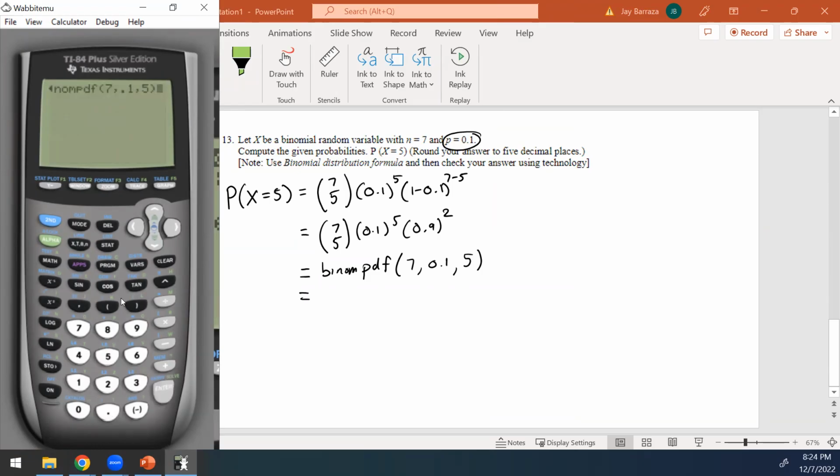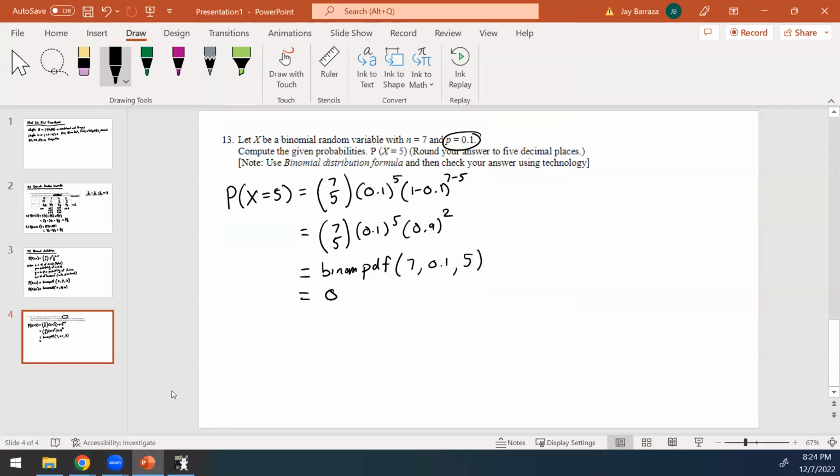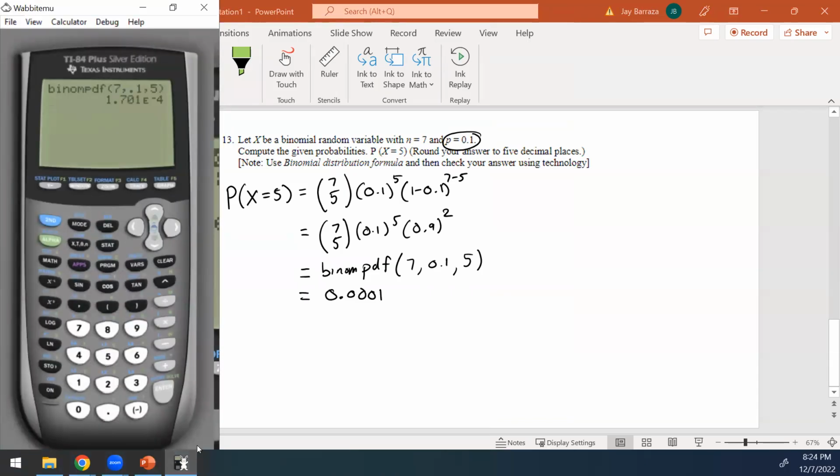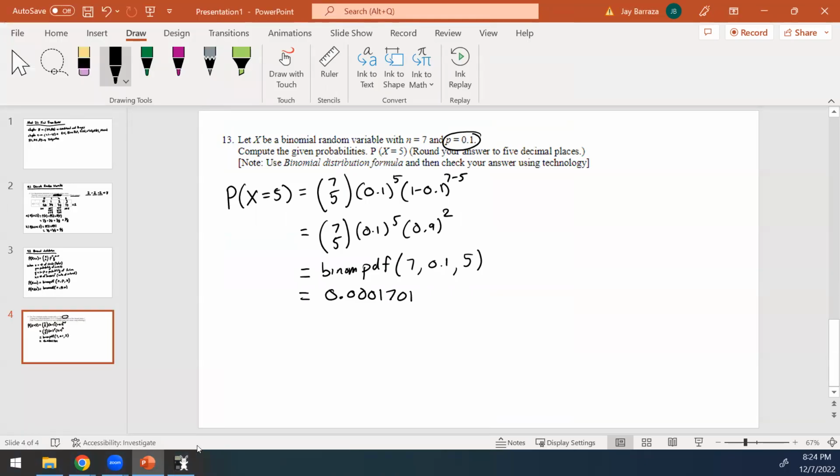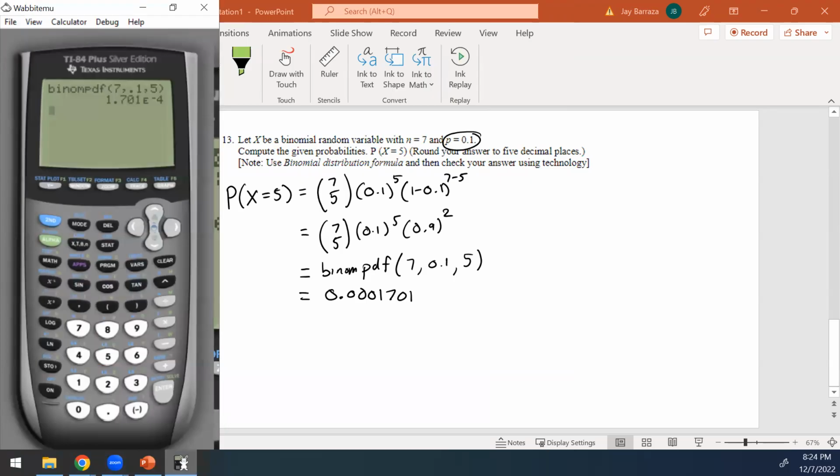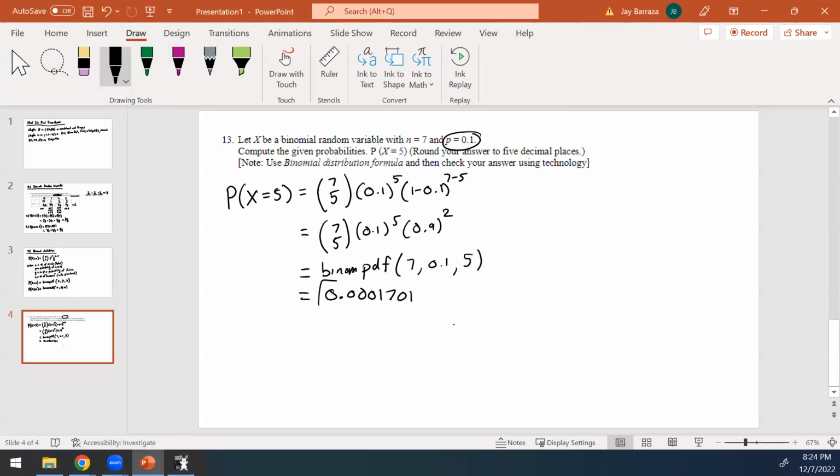So that's how yours is going to look if you have an older calculator. Press enter, and that's going to be 0.0001701, right? 1, 2, 3, 4 decimal places. So remember, scientific notation says you move the decimal to the left 4 times. Are there any questions on that? Just be comfortable with both, I guess.